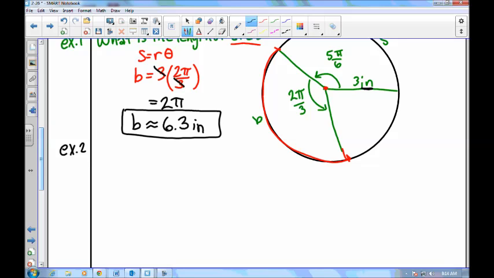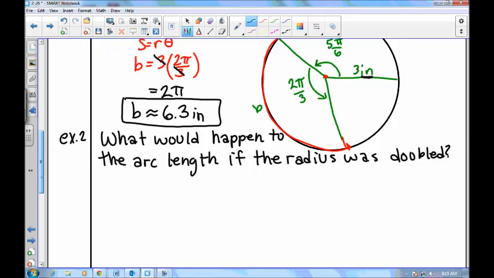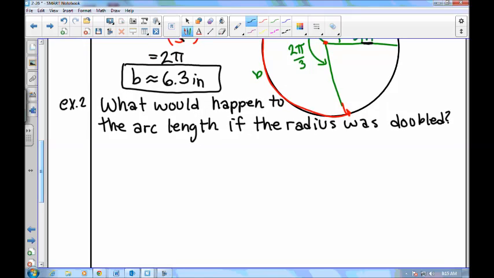Example 2. The question is, what would happen to the arc length if the radius was doubled?